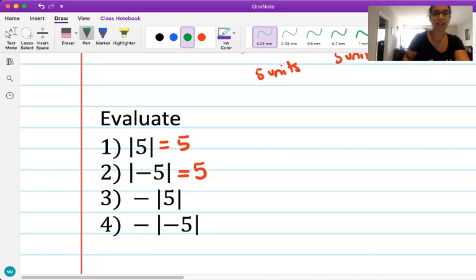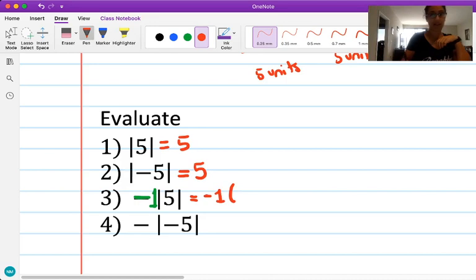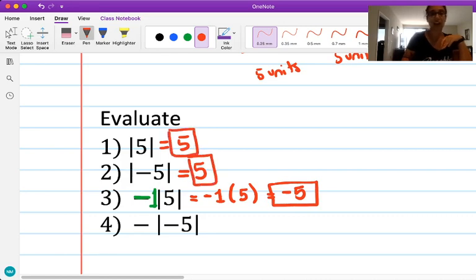So this is really -1 times the absolute value of 5, which is -5. The only time you can get a negative answer is when there is a negative on the outside. Same concept here: this is -1 times the absolute value of -5, which is 5, and that is -5.